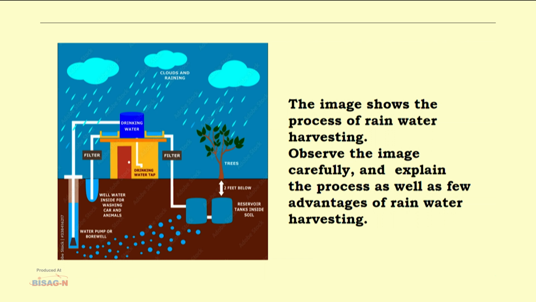Also, we have mentioned a few advantages of rainwater harvesting. When we say that the rainwater gets collected in the tanks beneath the ground, that water is used for washing and cleaning purposes. And we have also mentioned how it is used for drinking purposes.